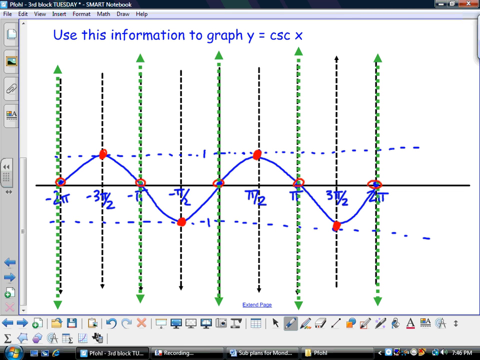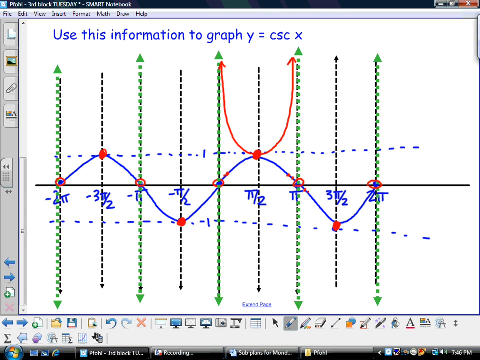Now what's happening as we get really, really close to 0, like right here? The cosecant graph would be 1 over that. And we said like 1 over 0.1 or 1 over 0.01 was a number really, really big, up to infinity. These values are also really close to 0, and when you do the reciprocal of those values, we're going to go up to infinity.